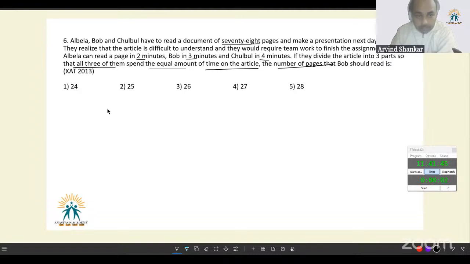What we've been given is times for these people: Albela, Bob, and Chulbul, 2 minutes, 3 minutes, and 4 minutes.